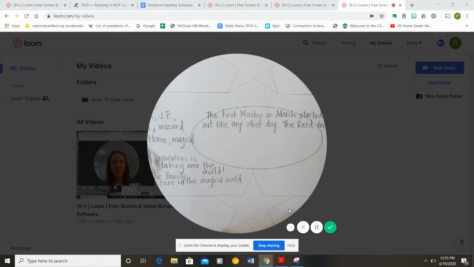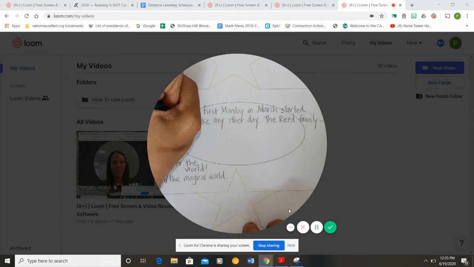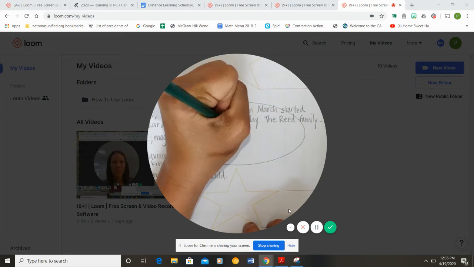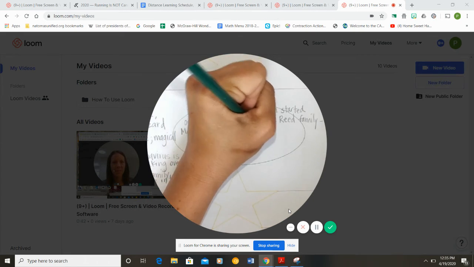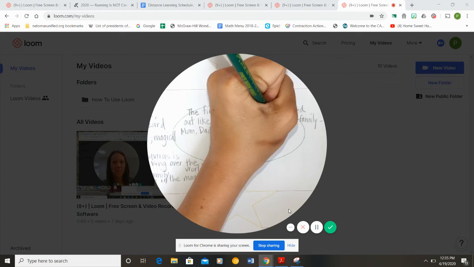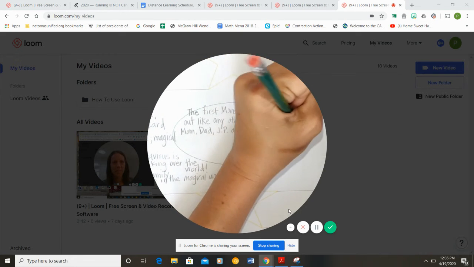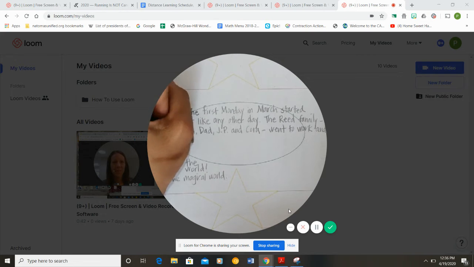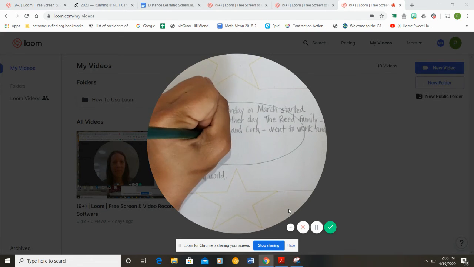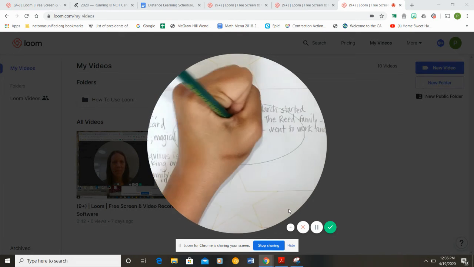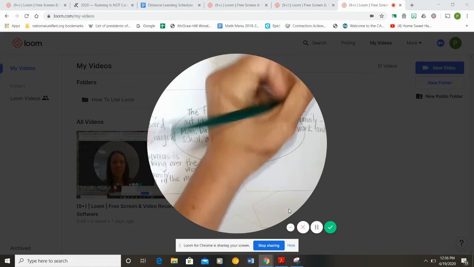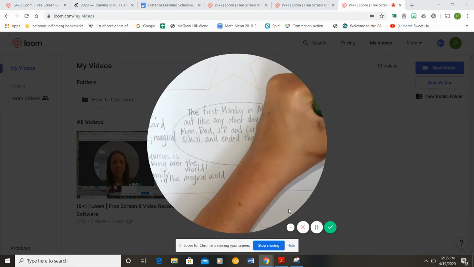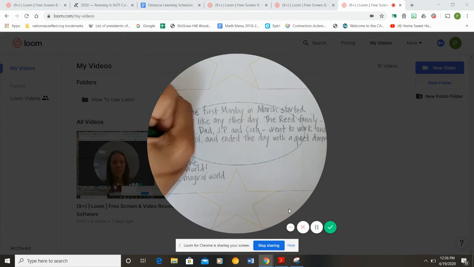The Reed family, Mom, Dad, JP, and Cora, went to work and school and ended the day with a quiet dinner at home.